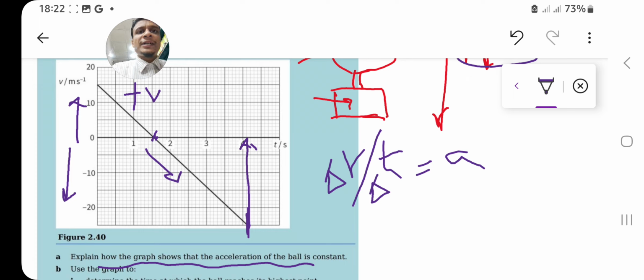If we take any 2 points on this line, with the velocity difference in the numerator and the time difference in the denominator, and the acceleration value is the same at every point, we can say that the acceleration of the ball is constant.